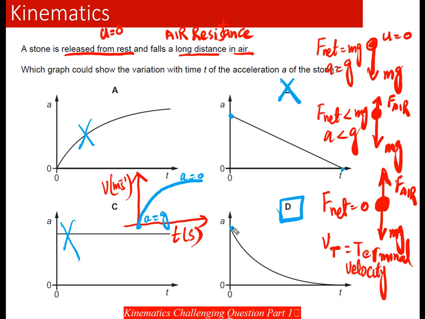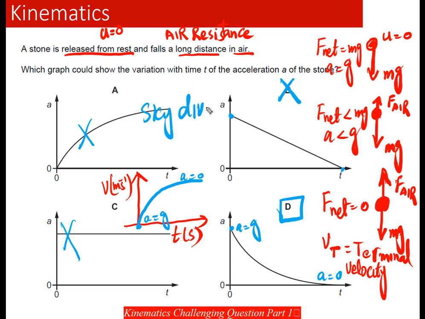So at this point a is equal to g and at this point a is equal to 0. This is how we can answer this question, and this is also a typical graph between velocity and time, and acceleration and time, for a skydiver or for falling bodies.